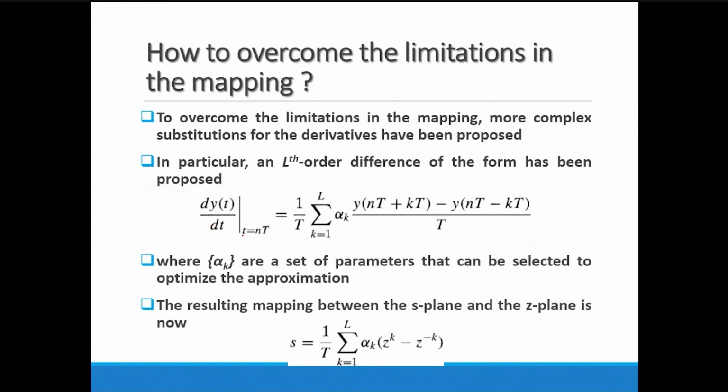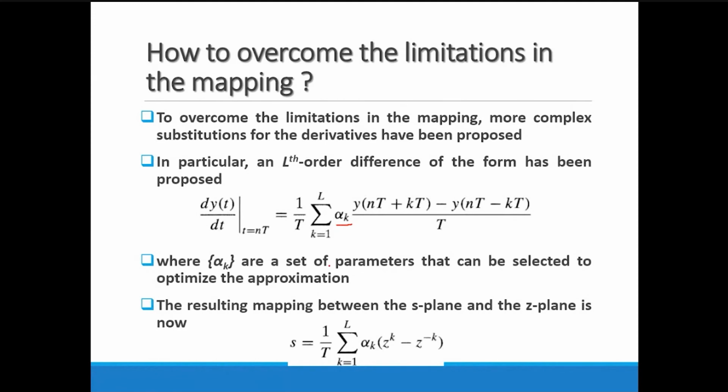Here you get this equation: 1 by T summation from k equal to 1 to L alpha k, y(nT + kT) minus y(nT minus kT), divided by T, where alpha k are a set of parameters that can be selected to optimize this approximation. So whatever alpha k parameters are involved, we can set them in such a way that they optimize this approximation.